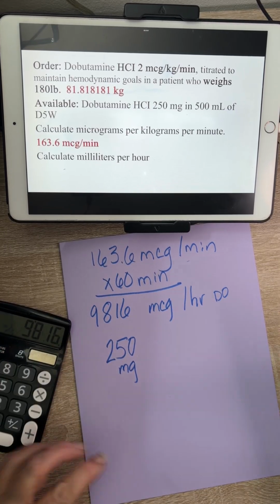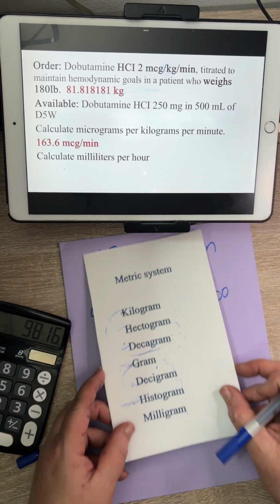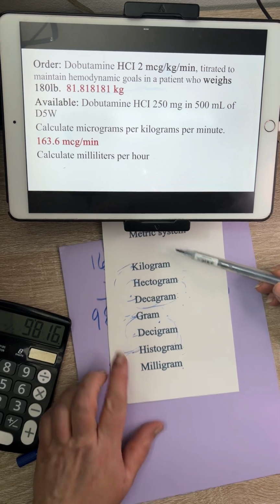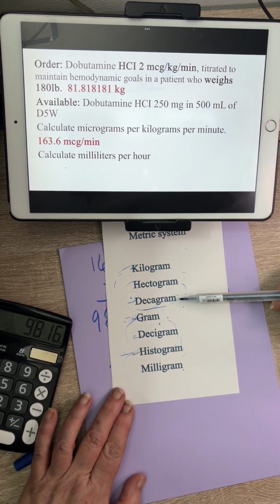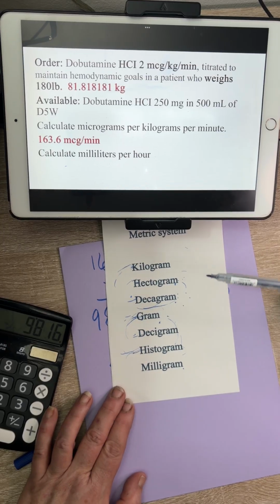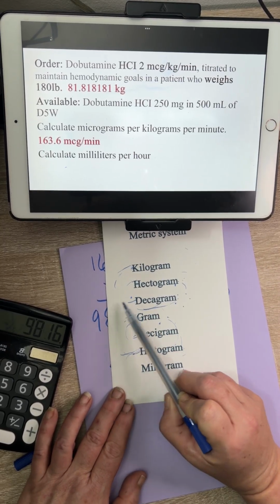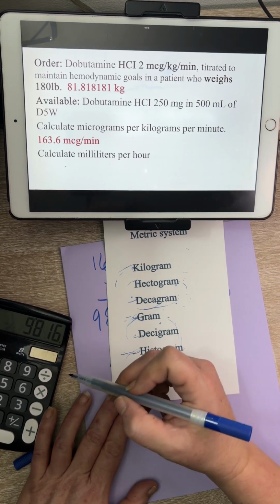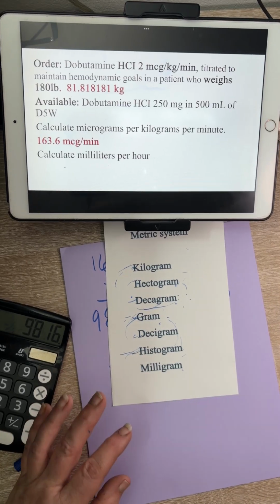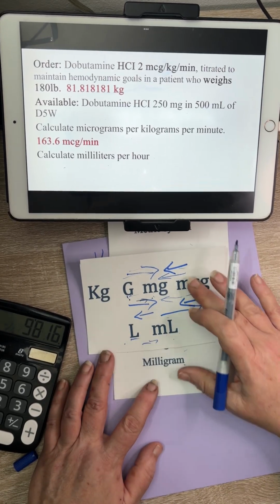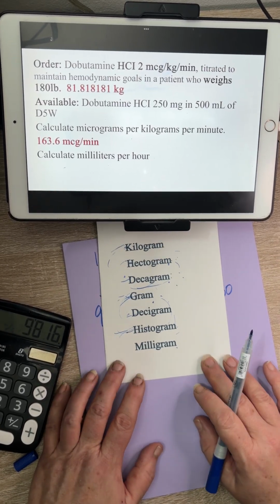And let me remind you why it's 3 places. In the metric system, they have kilogram, hectogram, decagram, and a gram. But in medicine, we don't deal with hectos and decas. So you go 1, 2, 3 when you're moving the decimal. This tells you which way to move the decimal. You have to just remember it's 3 places.